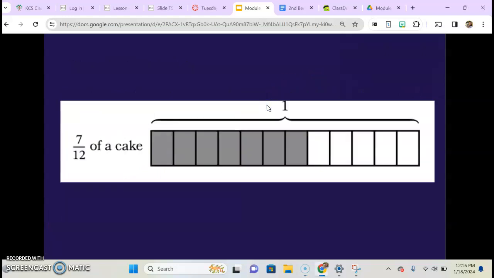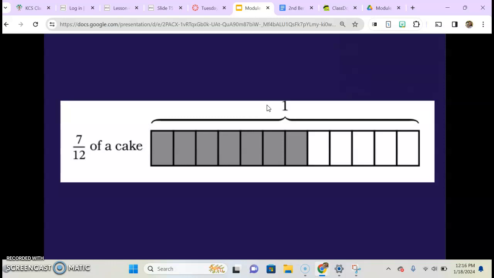Okay, so here's just another representation of fractions using a tape diagram. This is 7/12. You could pretend that this is a sheet cake and you have 12 people at your party and you divide the cake into 12 equal pieces and 7/12 are eaten.